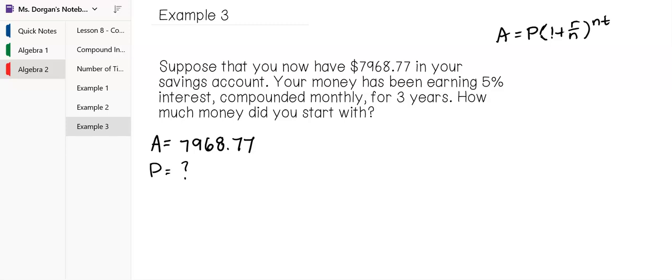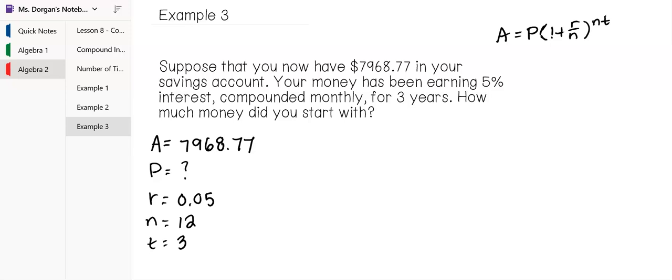How much money did you start with? Okay, our interest rate is 5%. So that as a decimal is 0.05. And it says it's compounded monthly. So again, just like the last problem, it's going to be 12. And then T, it has been compounded monthly for 3 years.